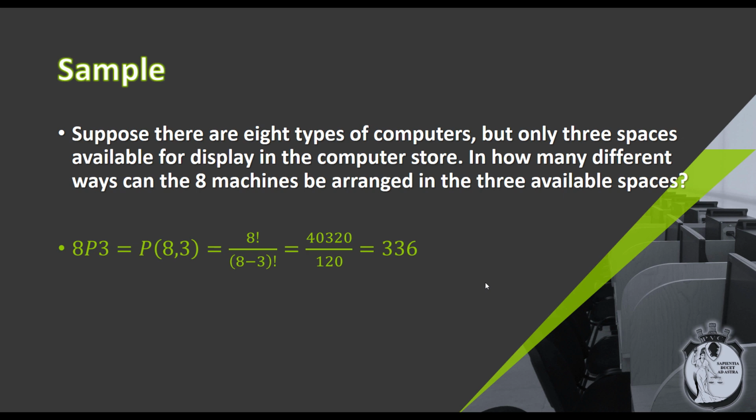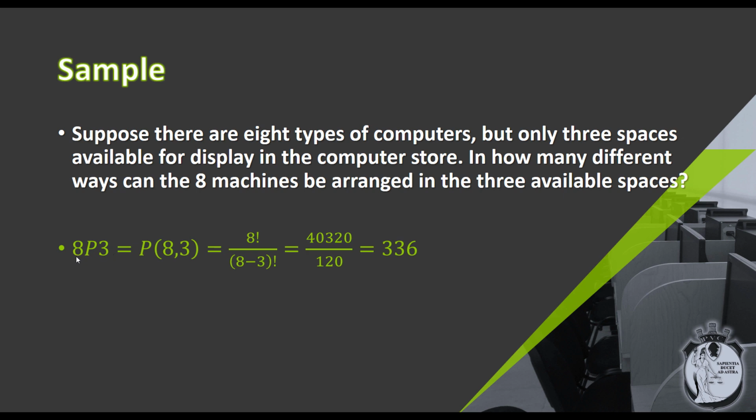In that case you can't repeat the same computer. This is important too. And the order matters here. It's different to mix 1, 2 and 3, and, for example, 3, 2, 1. So you will use permutations.